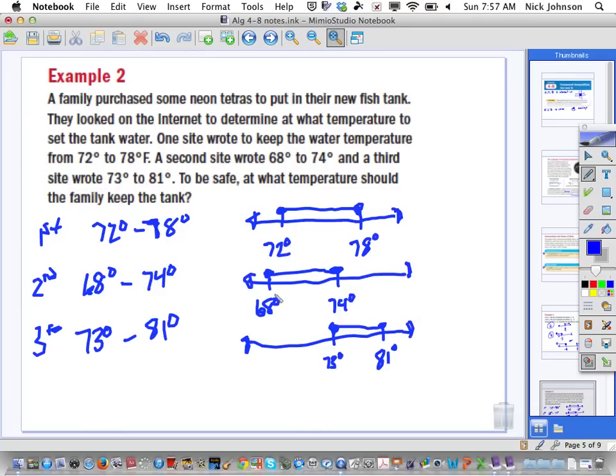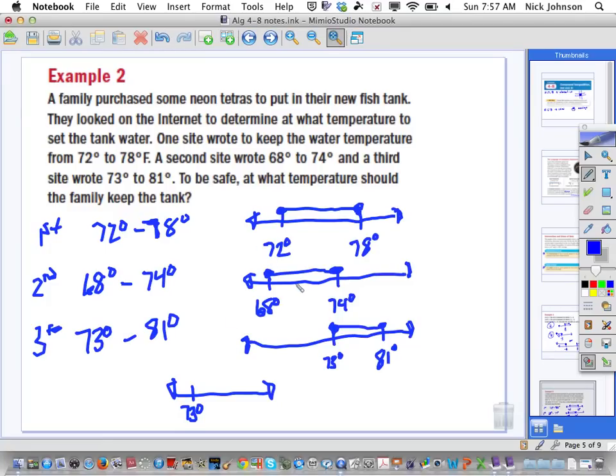So if we're thinking about an intersection, 68 doesn't go with this one or this one. 69 doesn't go with that one or that one. What you want to do is look at the highest lowest value. So this has 72, this has 68, this has 73. Okay? So 73 is our lowest value.